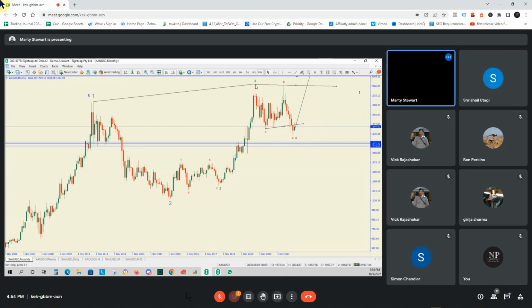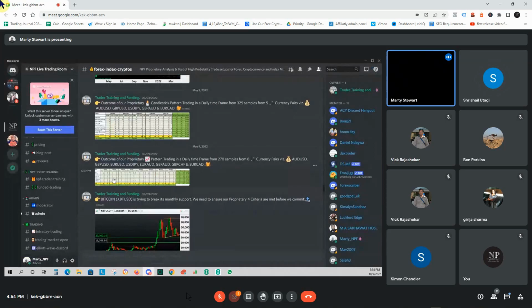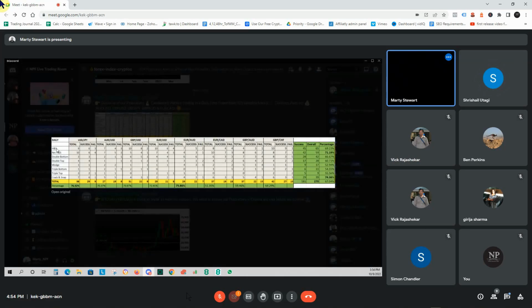But double tops, head and shoulders, double bottoms, they're all very valid and they all work extremely well. They're all patterns in price. Like this guy here, he did head and shoulders, reverse head and shoulders, double tops, double bottoms, wedges, triple bottoms, and such. And look at these percentages. They're amazing.